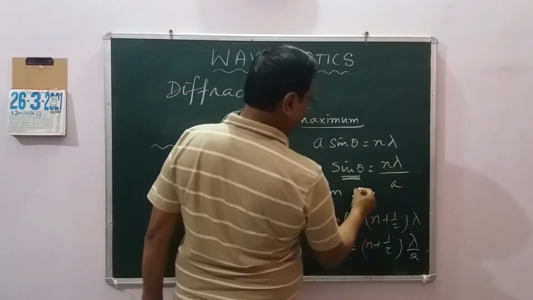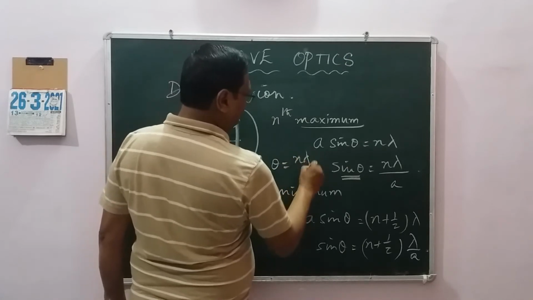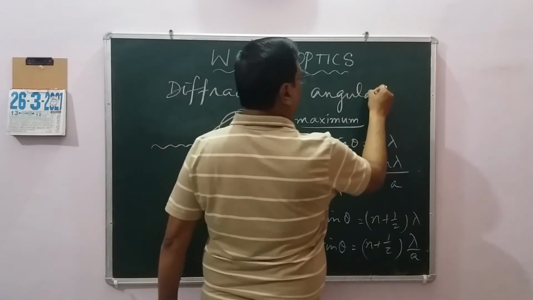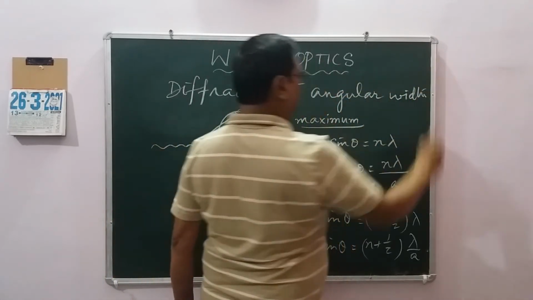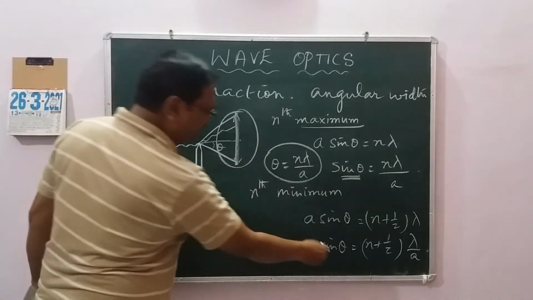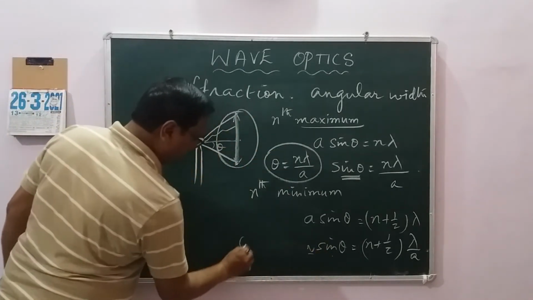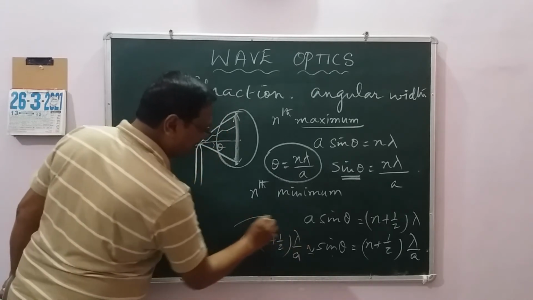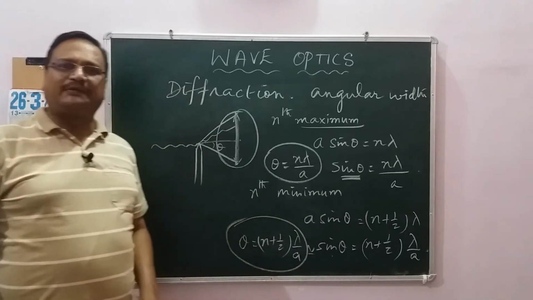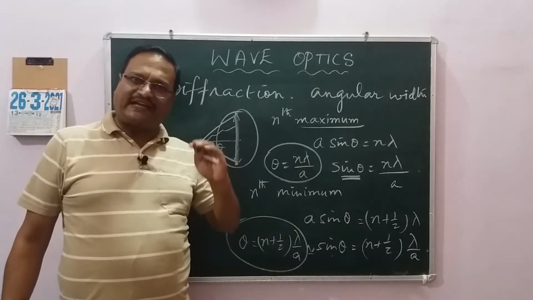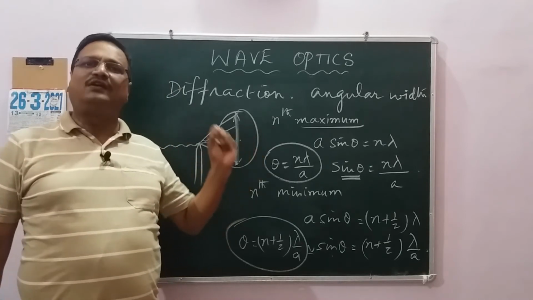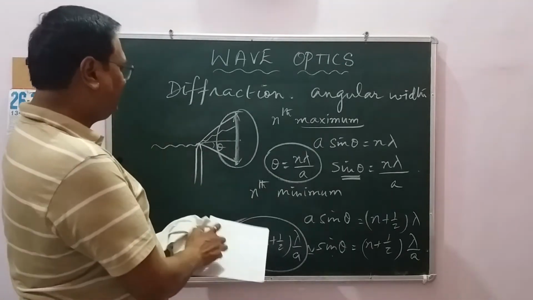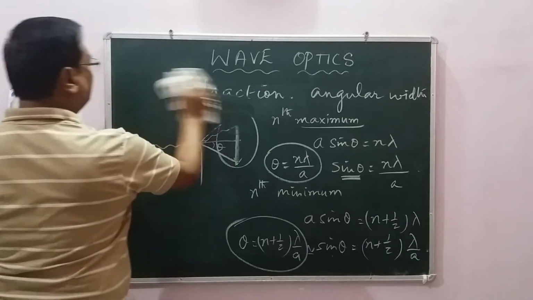So we can simply say theta is equal to n lambda upon a, and this is called the angular width, which you should remember, right? And here what is happening? Sin theta is approximately equal to theta, which is n plus half into lambda by a. Yes, and this is the formula. Okay, remember two things: sin theta and tan theta. When the angles are very small, they will be equal to theta. I can give you a small clue for this now. You understand what I have done, I hope.